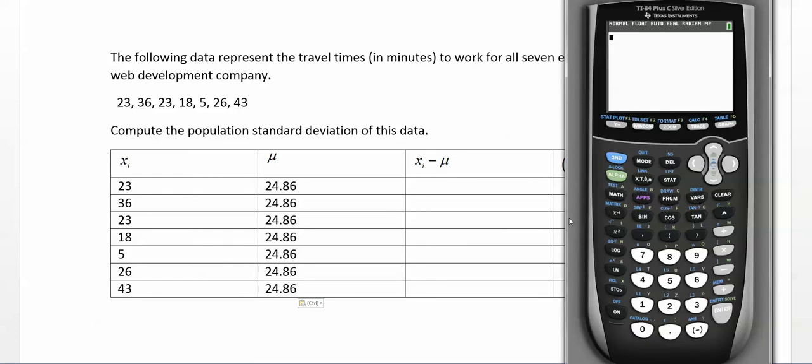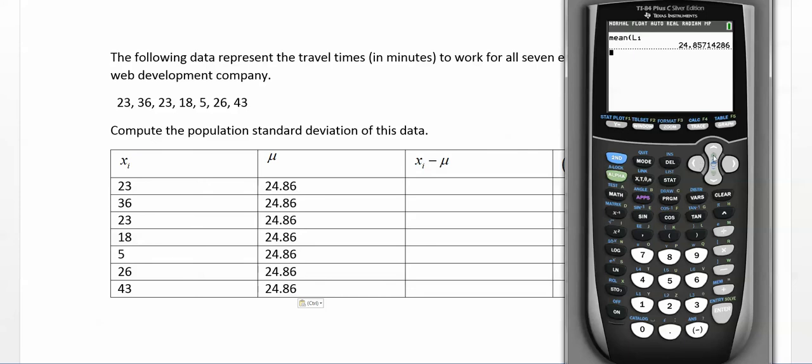Let me stay on the home screen for a second and get the mean of list 1 again. Okay, so I got that number.